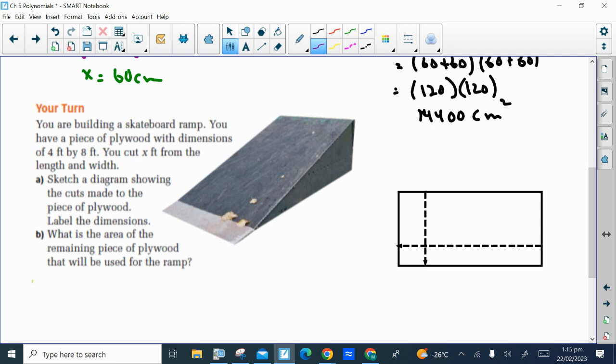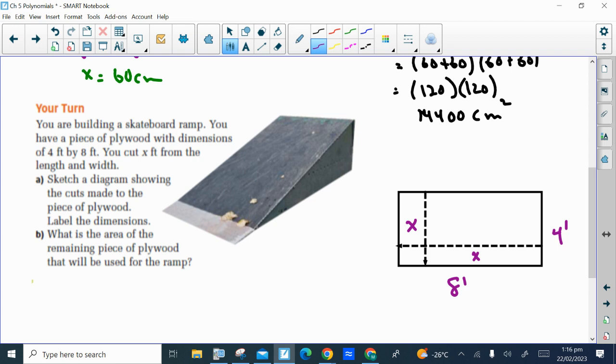Originally, the plywood was 8 feet by 4 feet, but x is cut from the width and x is also cut from the length. So there's a diagram that shows the cuts made to the plywood, and we've labeled the dimensions.